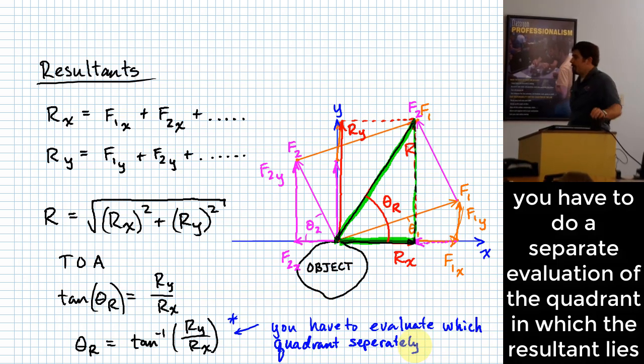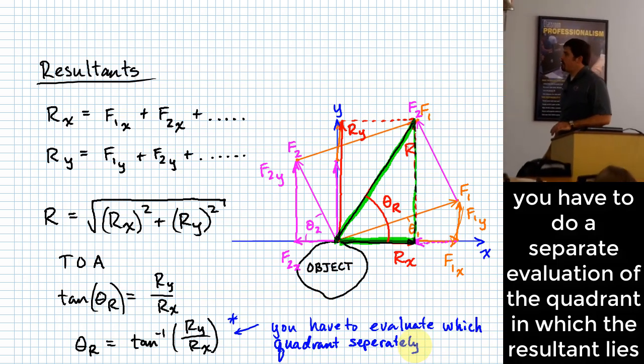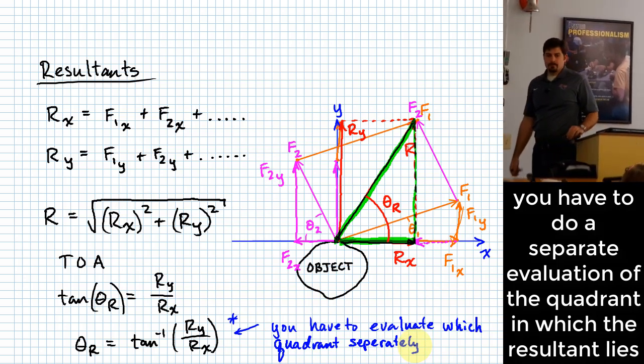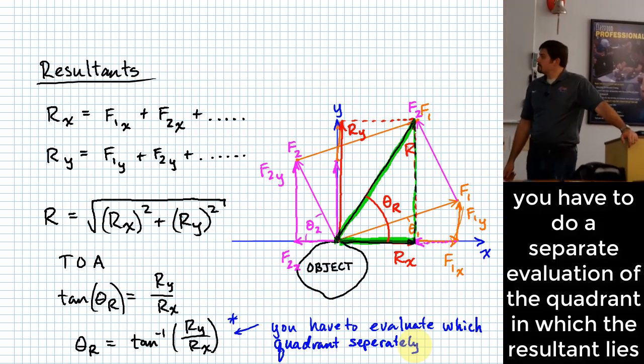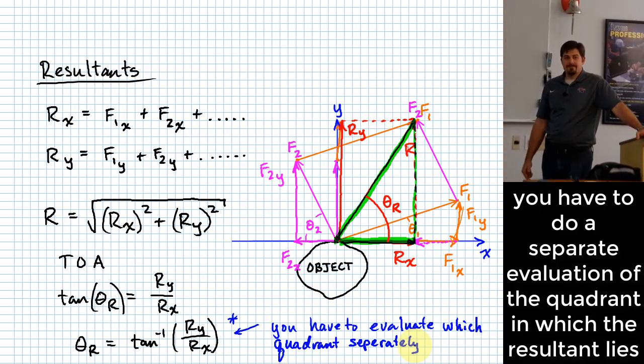What do I mean by that? In our case, we've got a positive Ry and a positive Rx. And so we say, well, it's in quadrant 1. But it doesn't have to be based on just that fraction. What if we were in quadrant 3? You'd have negative over negative, yielding a positive.